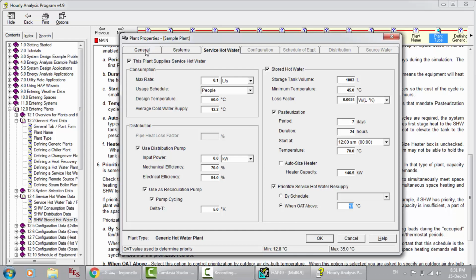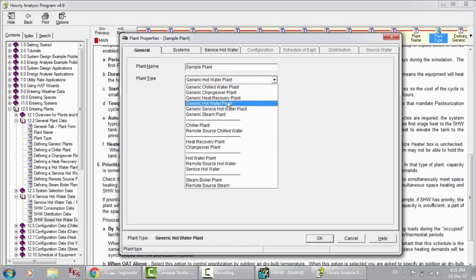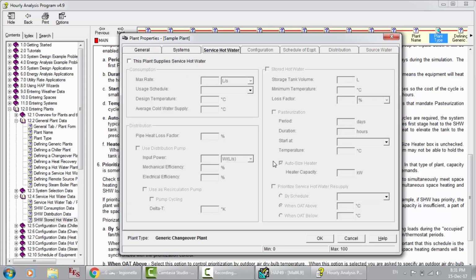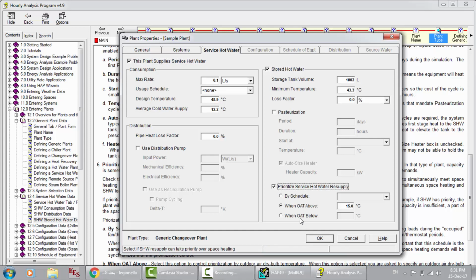Also, if we have here the system changeover, okay, we will find here a third option: when the outdoor air temperature is below this, the cycle will be used sometimes for cooling and sometimes for heating.